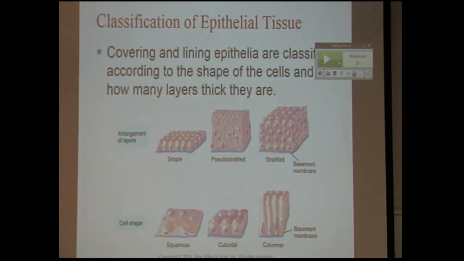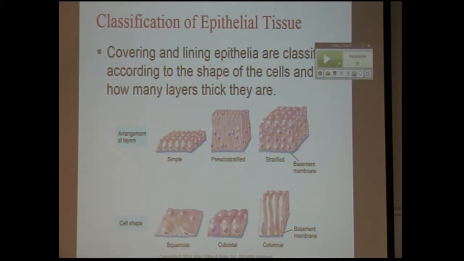All right, and just like you did on the quiz, the shapes: squamous, which are like little pancakes, cuboidal, cubes, 3D cubes, and then the columnar, basically a long column rectangle. What is the 3D rectangle called? Somebody know? I can't remember. That's like 4th grade, but I can't remember.